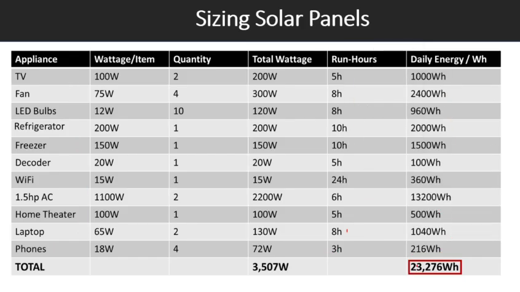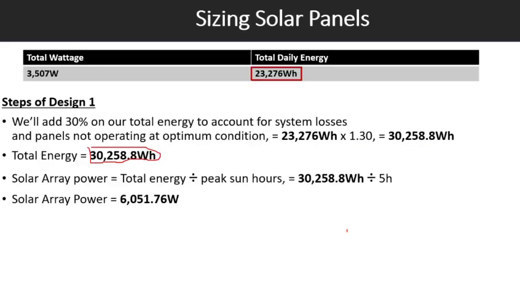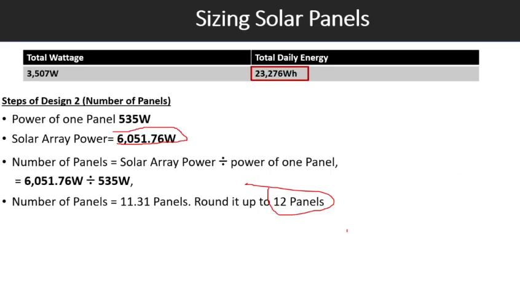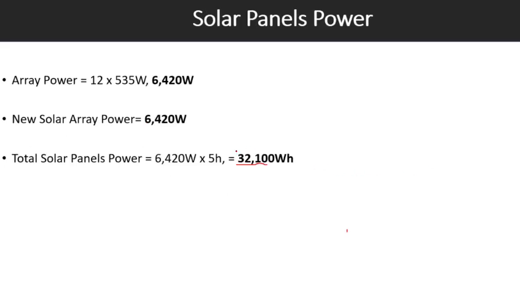So if you subtract this 23,276 from this 32,100 watt hour, you see that we have a lot of energy left, which will cover for system losses. It can even cover for adding additional loads during the day.